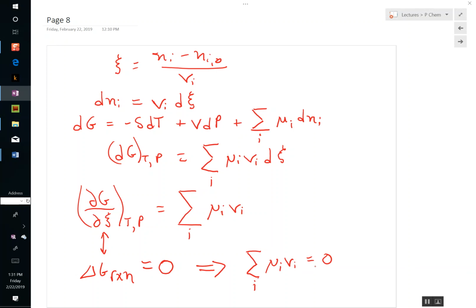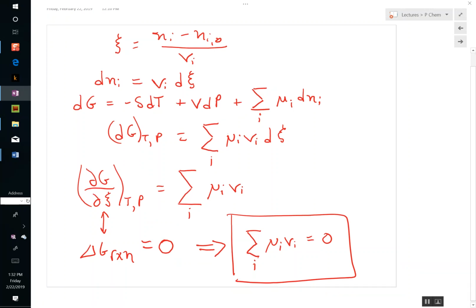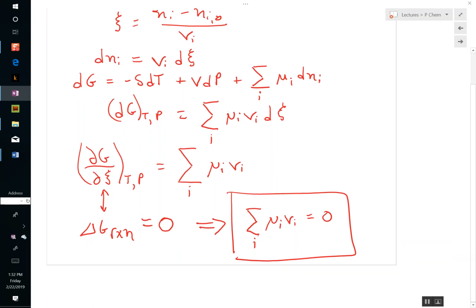All right, so let's take a look now at this equation where we got to. The delta G reaction at equilibrium is that the sum of the chemical potentials times the coefficients of the reactions is going to be equal to zero.